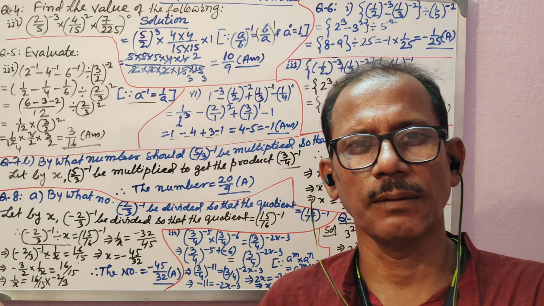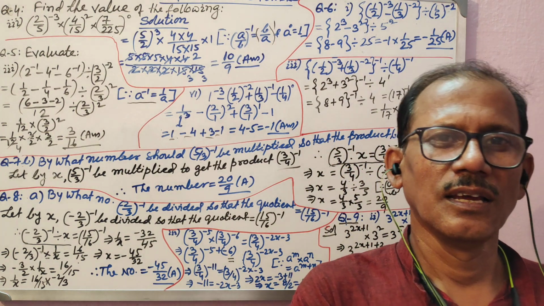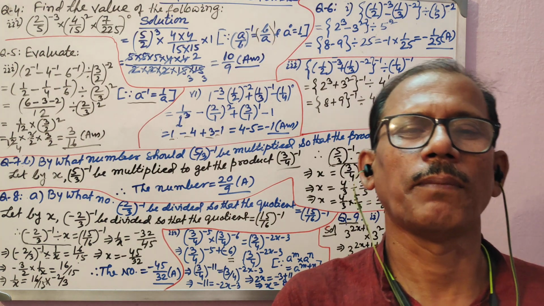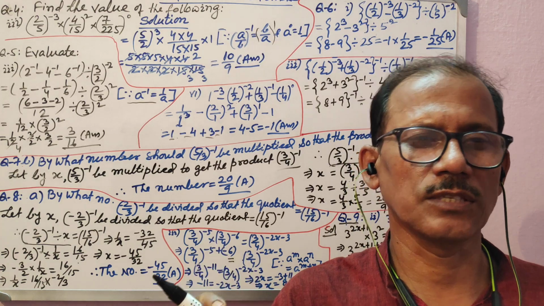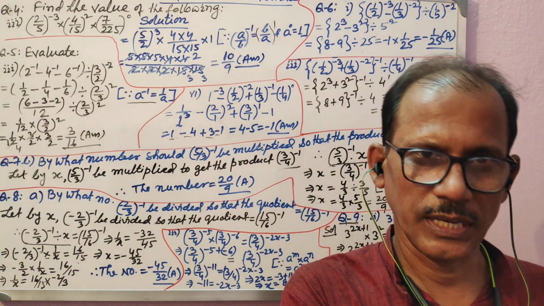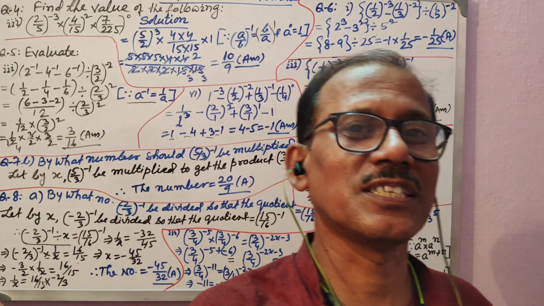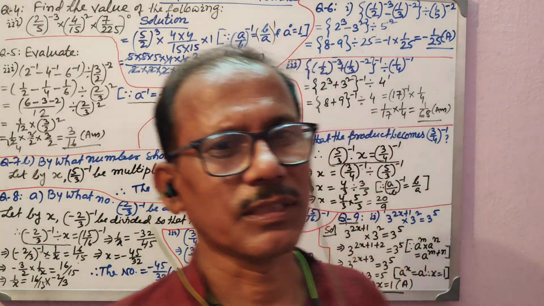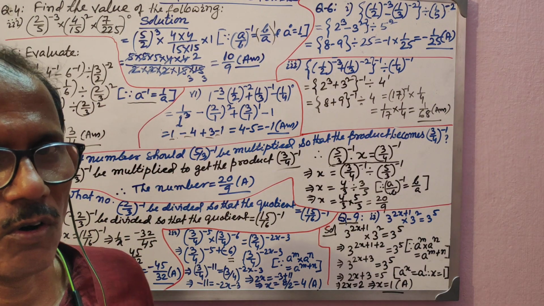Here on the left hand side the base is a and the power is x. On the right hand side the base is a and the power is 3. Then the power values will also be equal, so x will be equal to 3. Could you understand that? So on both sides you will have to make the base the same, so that whatever powers come will become equal. With that only you have to find the value of x.